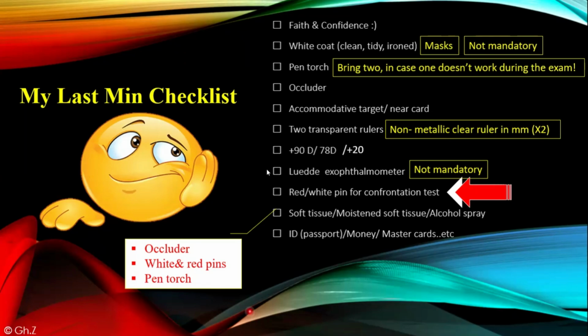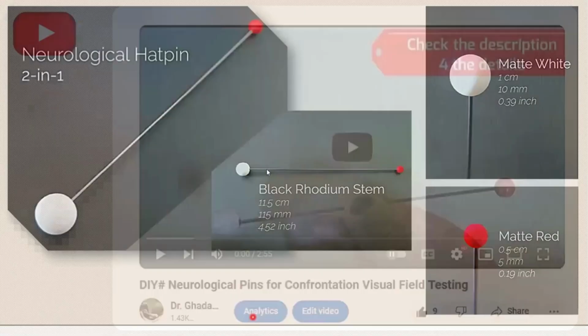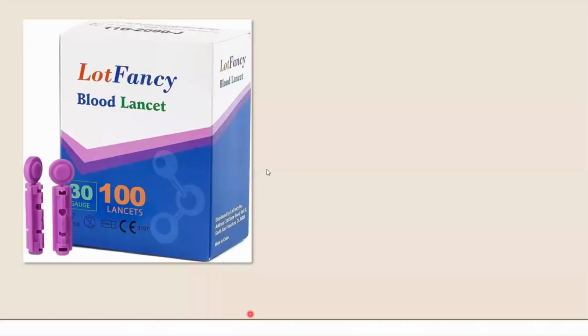All right. These are the commercially available neurological pens, but they are not available in my area, so I needed to make them myself. I already shared before, but I'm going to share it again in the recorded version, how I made the neurological pens. As you can see, one is red and smaller, and one is white and bigger. Others may advise using lancets for checking the blood glucose level.